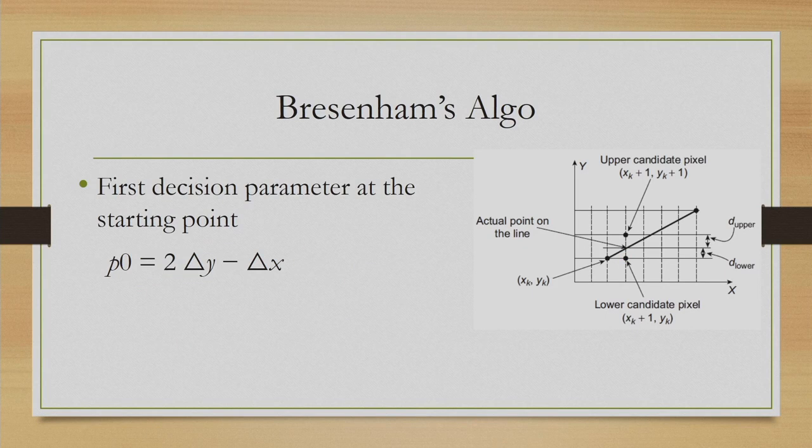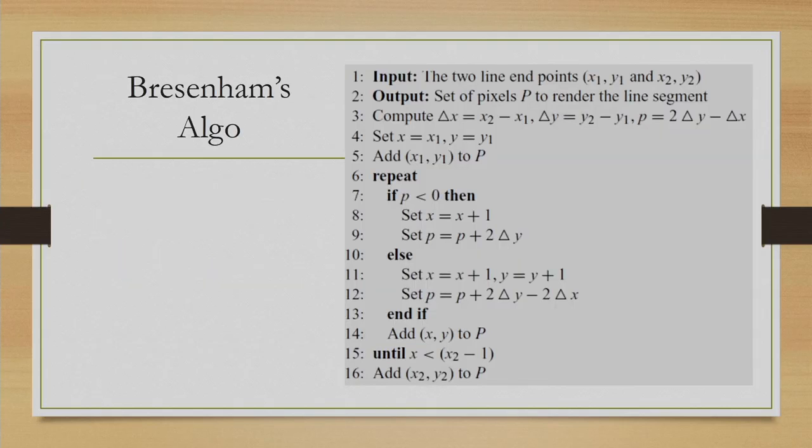So, where we start? Then we have to decide on the first decision parameter, and that we call P 0, which is given by twice delta y minus delta x. This value we calculate and then we continue. So, the overall algorithm is given here.